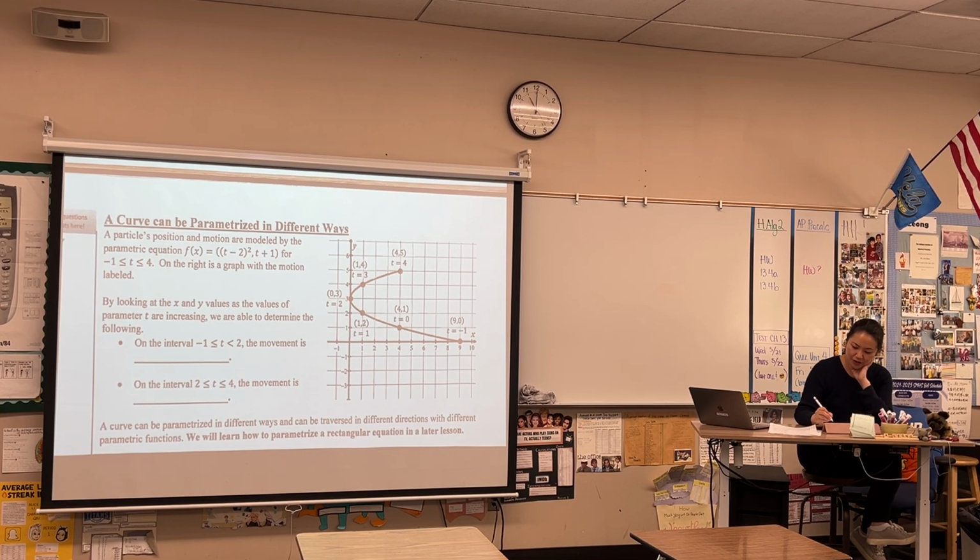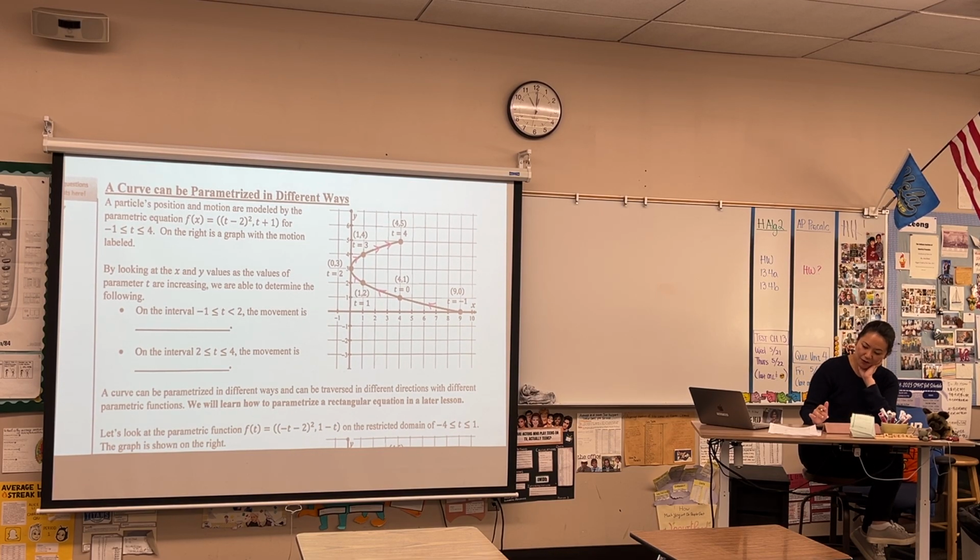Let's draw in those arrows to help us see that direction. On the interval where t is from -1 to 2, we see that it's going left and up.